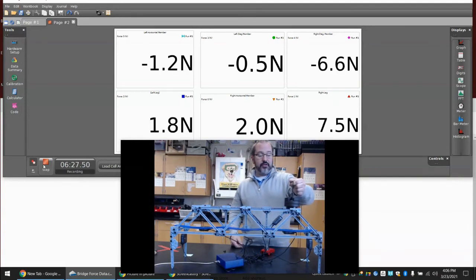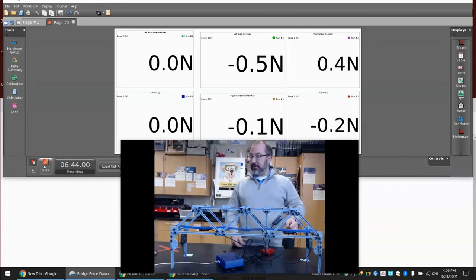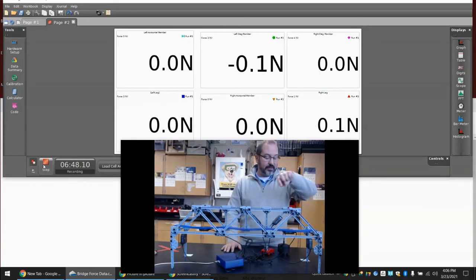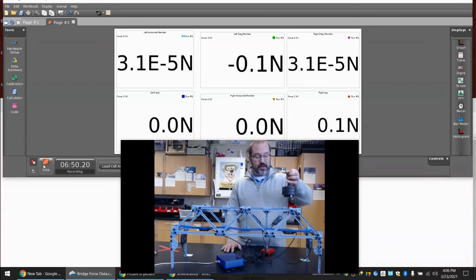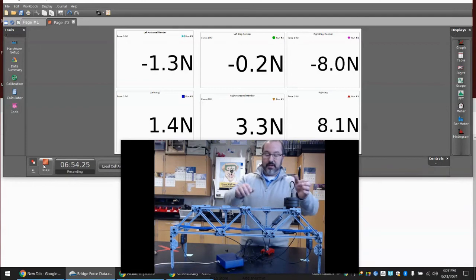When I'm located over here on the far side, you can see that a lot of the force that is experienced is going to be compression, and this back isn't really experiencing much force at all. And you might say, well, why is that? And the answer is primarily because the forces are trying to go out to the outside, and so we do not have much force coming up these members.